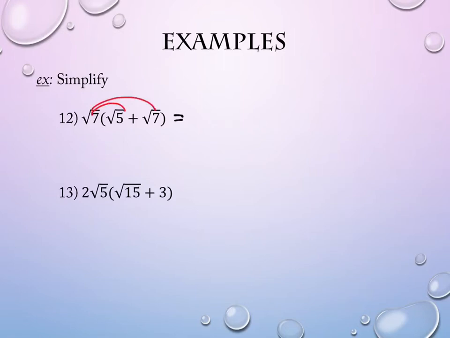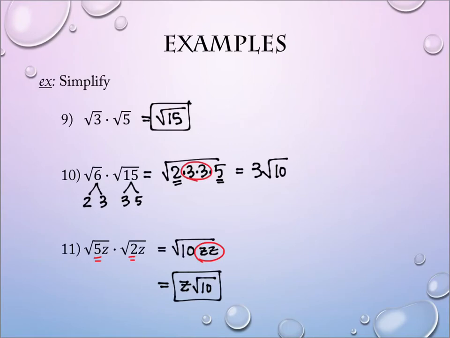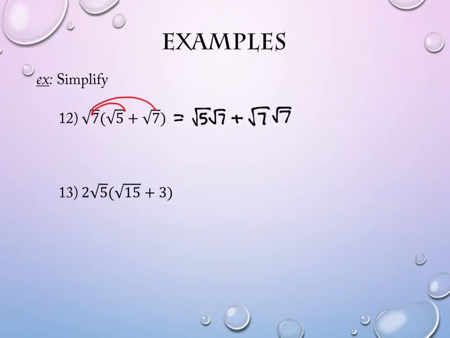So in a very real way, I have square root 5 times square root 7, plus square root 7 times square root 7, like that. Now, much like the 2 and the 5 on the last problem, the 5 and the 7 at the beginning here, the square root of 5, square root of 7, don't have anything in common that can simplify. So they really are just going to be the square root of 35.